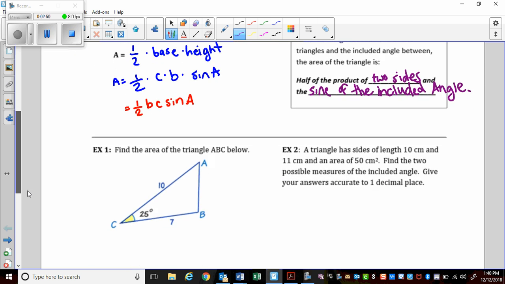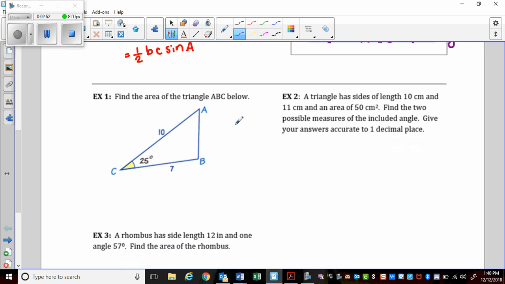Alrighty. Let's do an example. It says find the area of this triangle ABC. We know that the area is, let's say, 1/2 the two sides, so 7 times 10 times sine of the angle in between the two sides, which is 25.